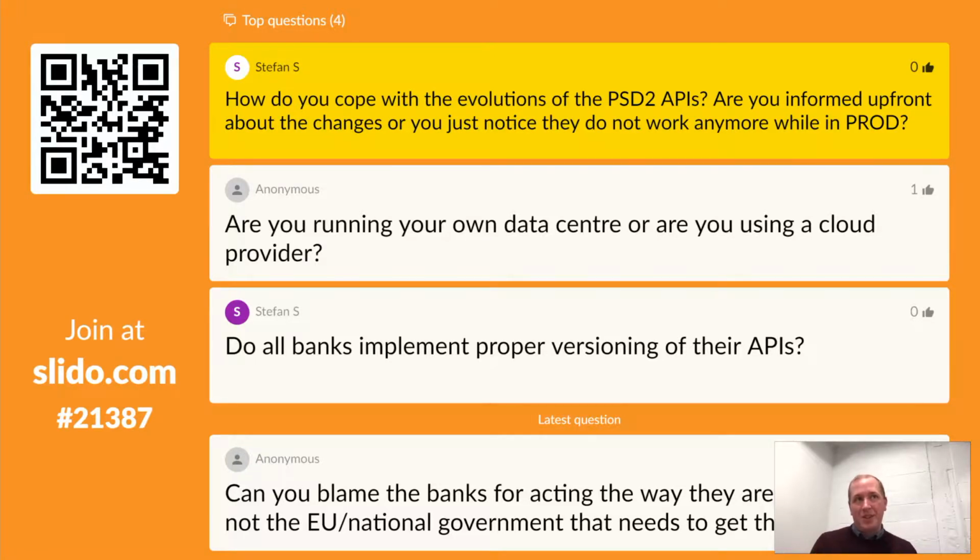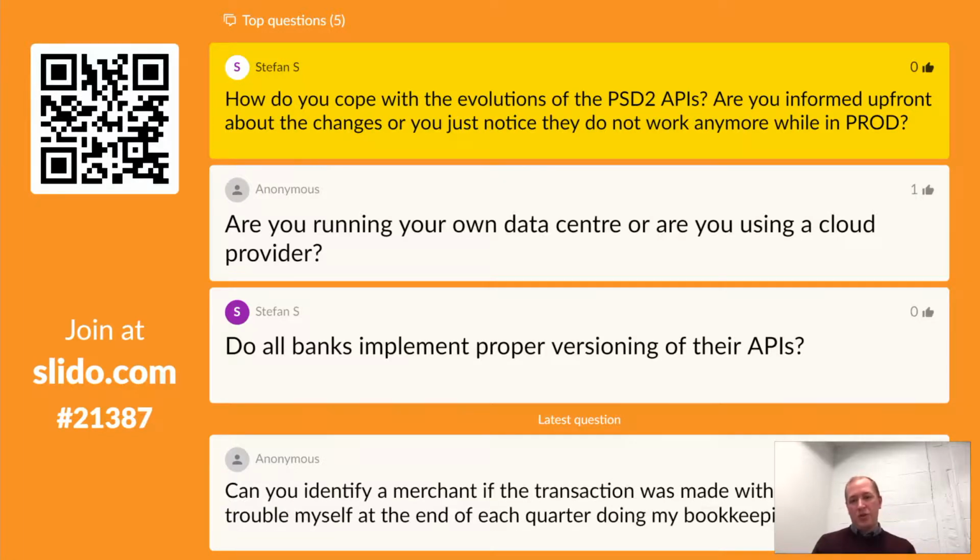So really, as it should be, really API-centric thinking. Others just publish a new API version, and then we notice that it breaks. That didn't happen, fortunately enough, in the last few months anymore. So I hope we're past that phase. But interestingly, what I think is a good example is actually Open Banking UK. So Open Banking UK is the same as PSD2, but all banks together, together with the TPPs, created one portal where all APIs are published, where all uptimes, where all issues are listed, where all API versions are listed, and where there is a really good communication strategy.